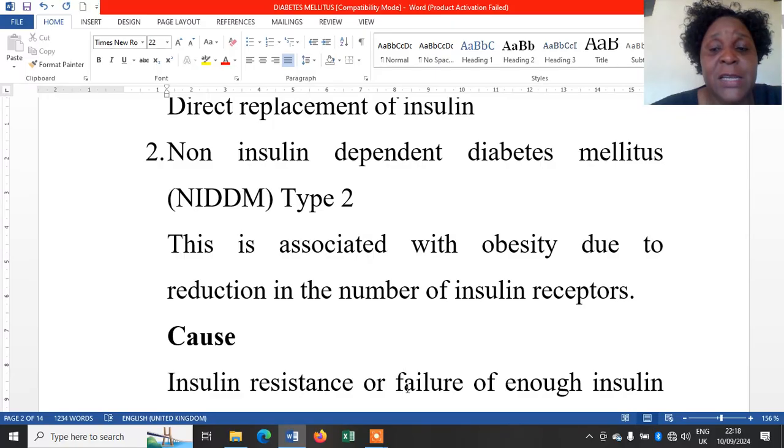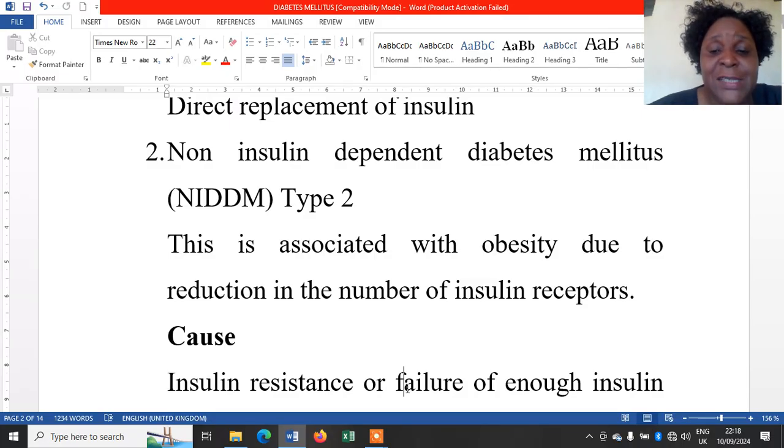It is non-insulin dependent diabetes mellitus. So it means that this person is having diabetes mellitus, but this diabetes mellitus can be controlled by other drugs apart from insulin itself.